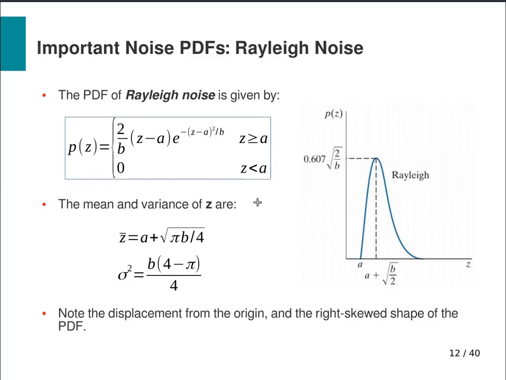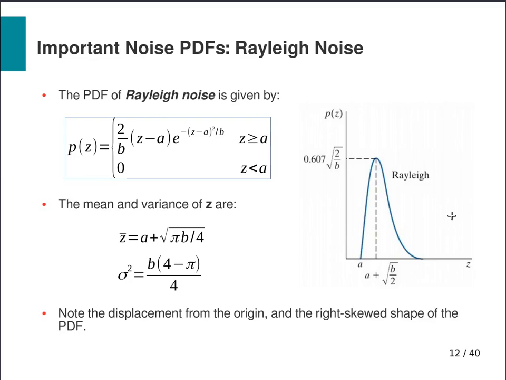But by knowing the mean and variance, you can derive the values for a and b using these equations: z bar equals a plus square root of pi b over 4, and sigma squared is b multiplied by (4 minus pi) over 4. If you know the mean and variance, you can plug them into these two equations and get the values for a and b. As for the graphical representation, this is the Rayleigh noise PDF.